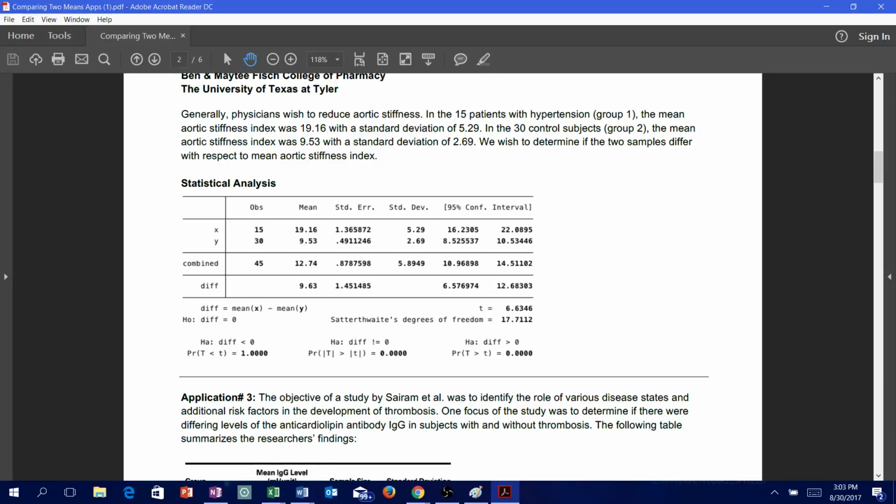Where did it give us alpha? Or do we just assume it's 0.05? If it doesn't specify, then it's 0.05. So what value are we using for this one?